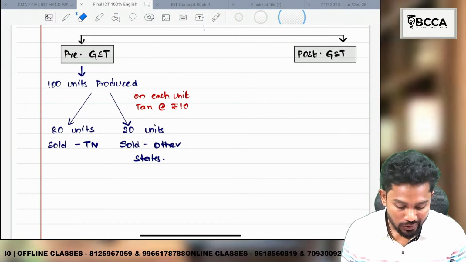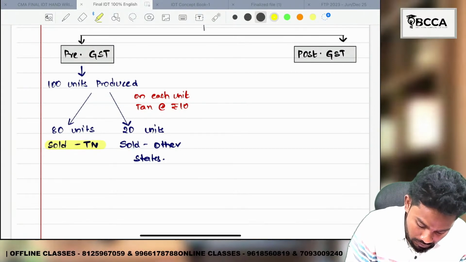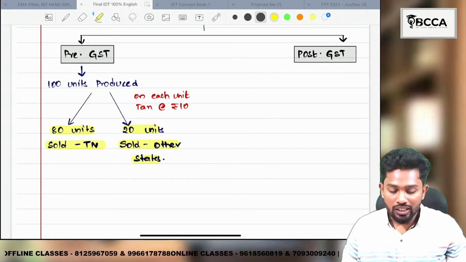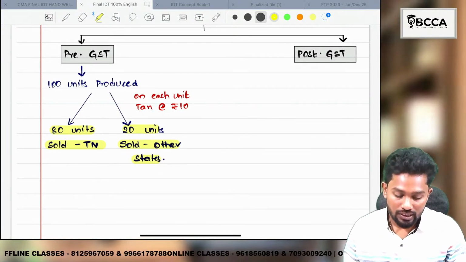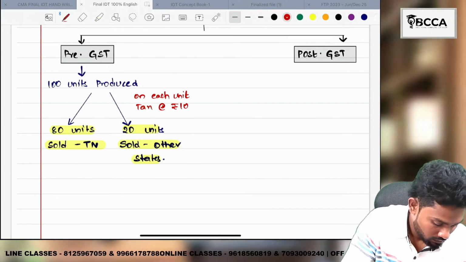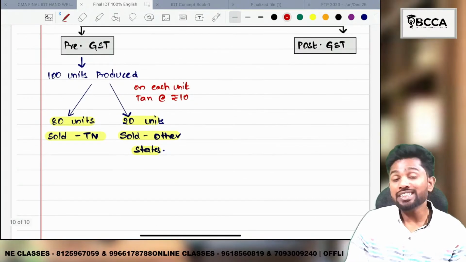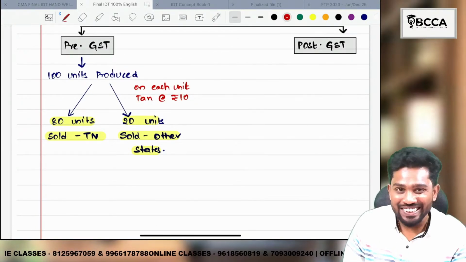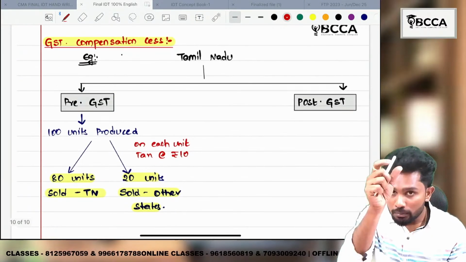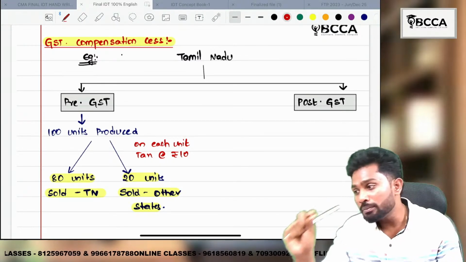Pre-GST, 100 units produced, 80 units are sold within Tamil Nadu, 20 units are sold in other states. Each unit is taxable at rupees 10. Now in the pre-GST era, sir, on sales to other states, interstate CST will be levied, but if you remember the points which I wrote, CST is levied by the central government, but it would be given back to the state.